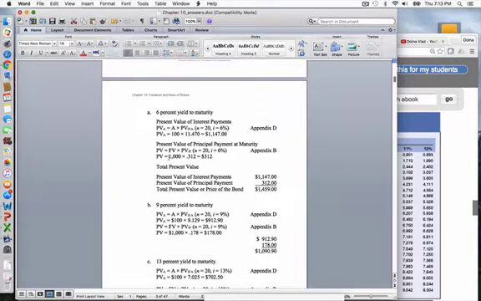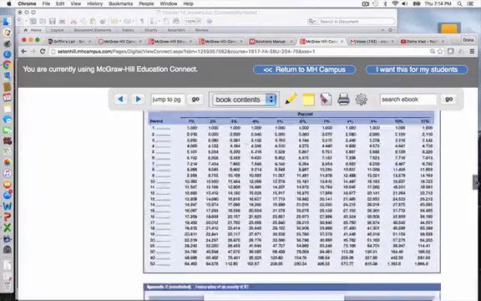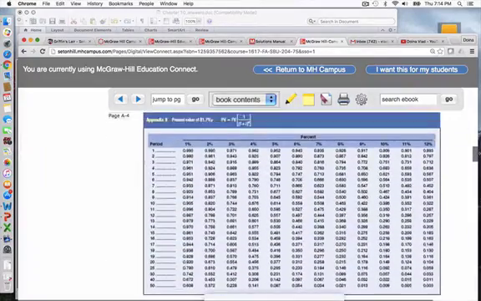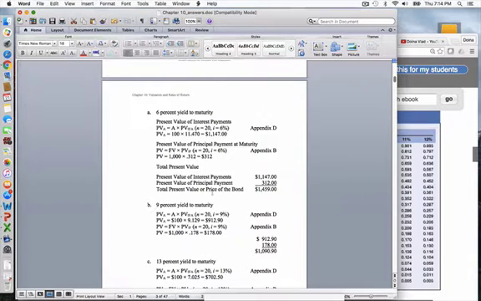Then you calculate the present value of your principal, which is 1,000. You have to use Appendix B this time because it's a one-time payment. Appendix B, N equals 20, interest rate 6%. That's my number, 0.312. 0.312 times 1,000 is 312. Then I add up these numbers because it's the present value of all future payments, which is the annuity plus the principal.